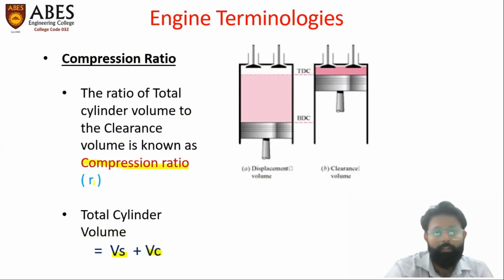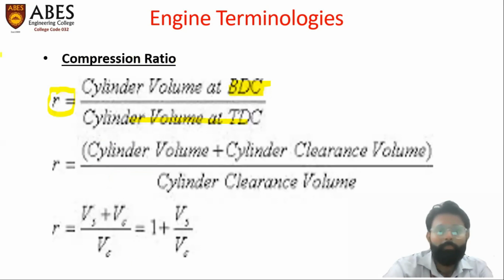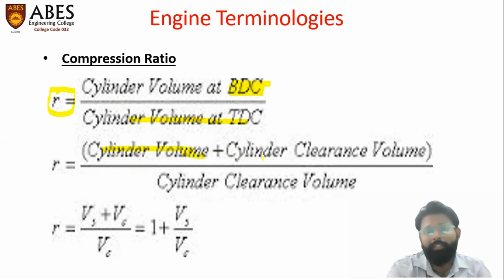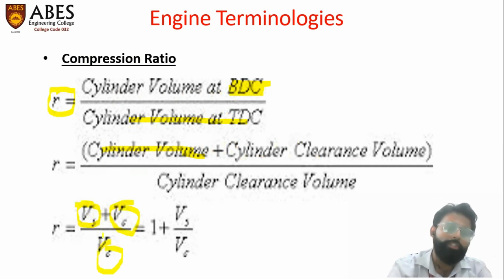We have represented this notation R. Mathematically, compression ratio is written as cylinder volume at BDC divided by cylinder volume at TDC. The cylinder volume at BDC can be further divided into the swept volume plus the clearance volume. The swept volume plus clearance volume, that means VS plus VC divided by VC, will give you the compression ratio.